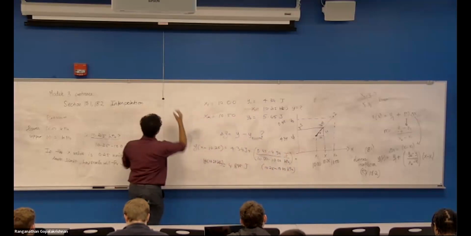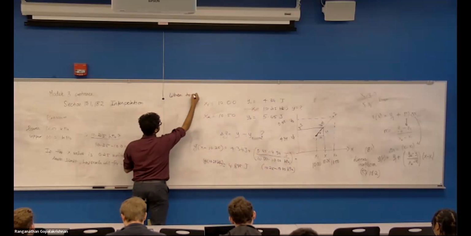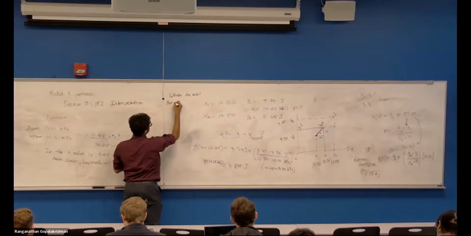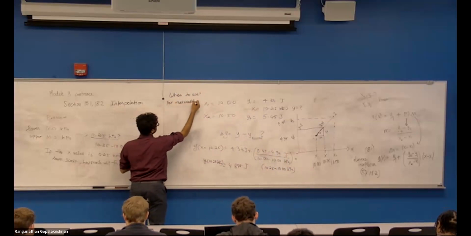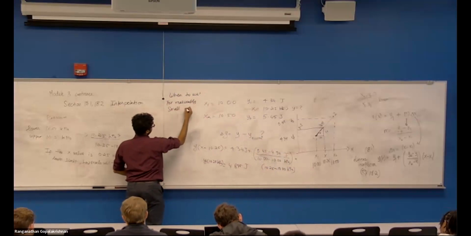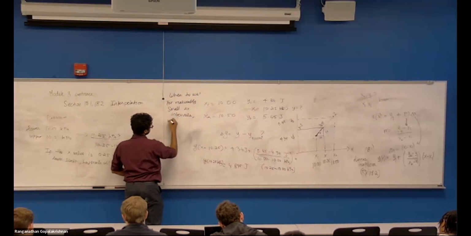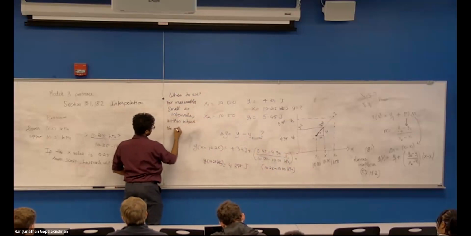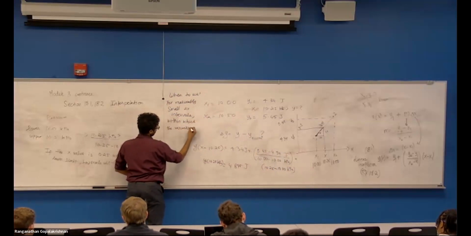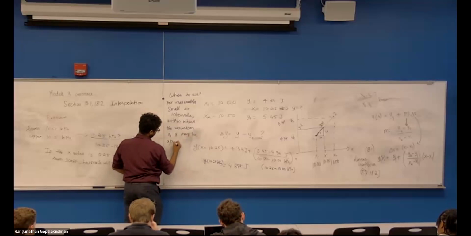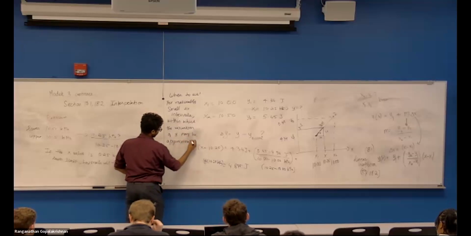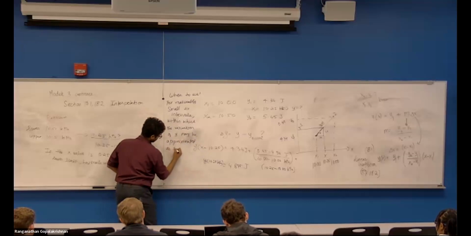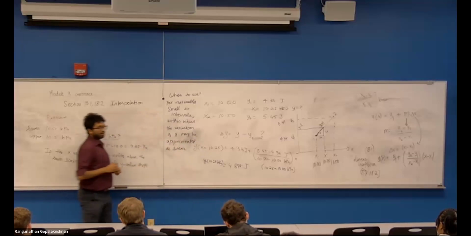So when to apply this: for reasonably small delta x or intervals within which the variation of y may be approximated as linear, and that's not a bad approximation.